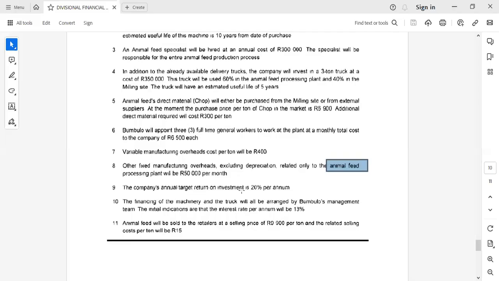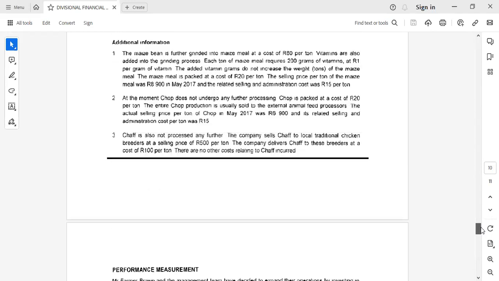Then the company says, okay, those are the targets. Financing of the machinery and the truck will all be arranged by Bumbulo's management team. Bumbulo is the main company. Here we're talking about the animal feed.